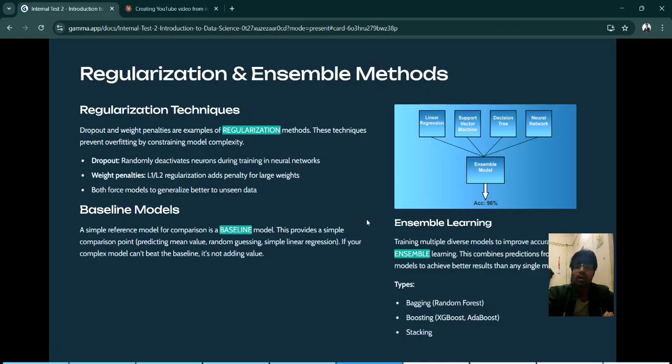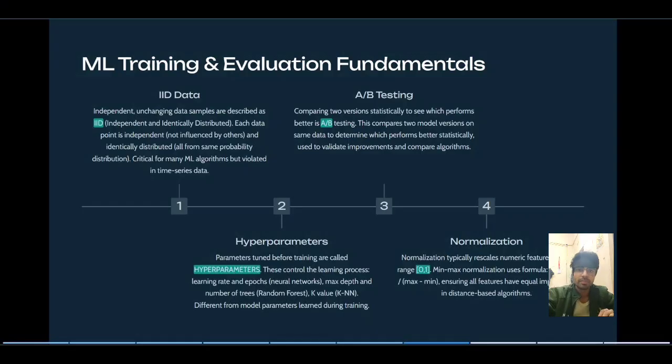Now let's continue with machine learning concepts. So question number 17: independent, unchanging data samples are described as blank data. So the answer is IID data. IID means independent and identically distributed, or static data. The IID assumption is crucial for many machine learning algorithms.